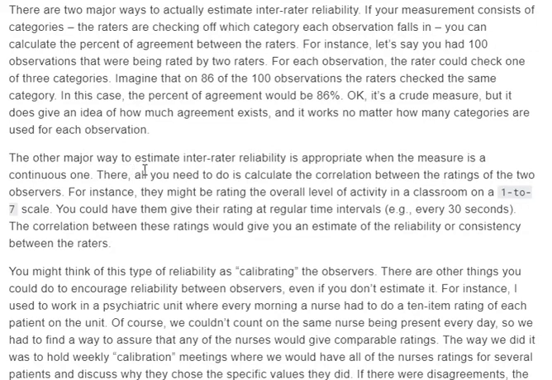The other way to estimate inter-rater reliability is appropriate when the measure is a continuous one. There all you need to do is calculate the correlation between the ratings of the two observers. For instance, they might be rating the overall level of activity in a classroom on a 1 to 7 Likert scale, giving their rating at regular time intervals, for example every 30 seconds.